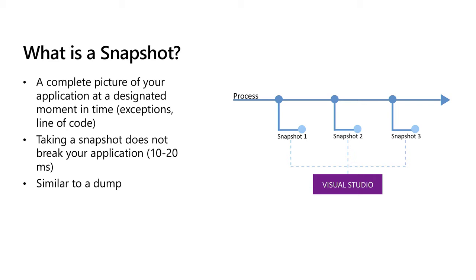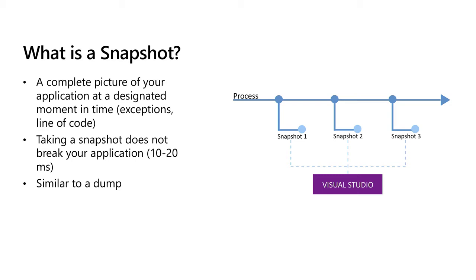We get the opportunity to inspect that snapshot and see if it has the kind of data we want. So literally in code, we pick a point just like we would with a breakpoint, and then instead of stopping the process, we take a photograph of the process, and then we look at that process inside Visual Studio. I'm going to show an example of that in a moment.